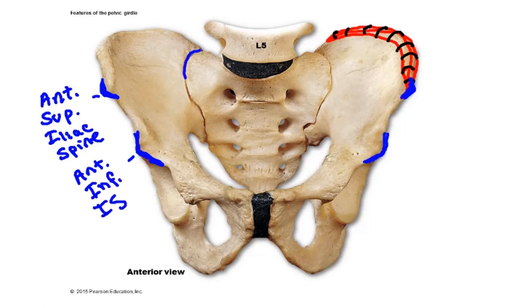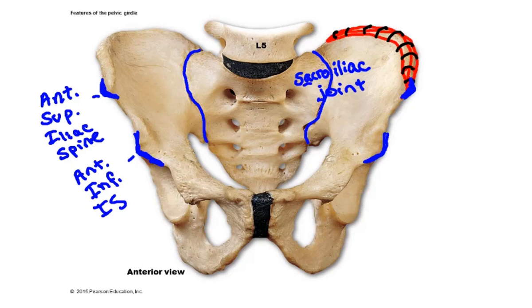Now this crevice between the sacrum and the ilium right here, it's the sacrum and ilium, so it's called the sacroiliac joint.